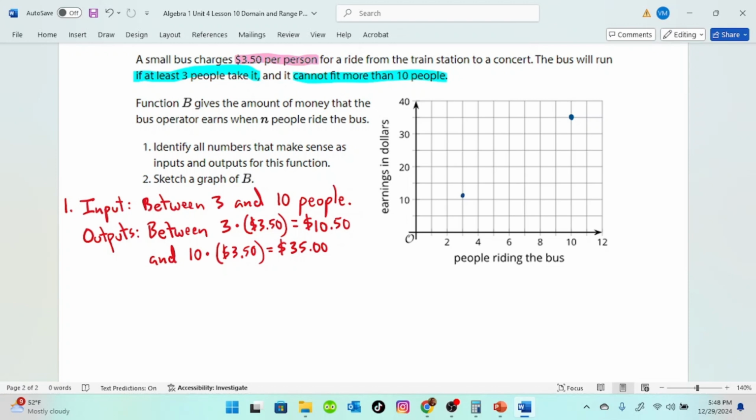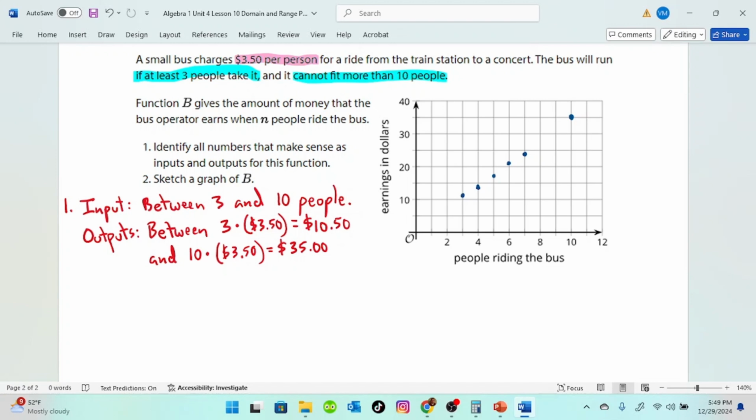And in between, we are increasing $3.50 for every person. So $10.50 plus $3.50 is going to put us up at $14. $14 plus $3.50 is going to put us up at $17.50. $17.50 plus $3.50 is going to put us at $21. $21 plus $3.50 is going to put us at $24.50.